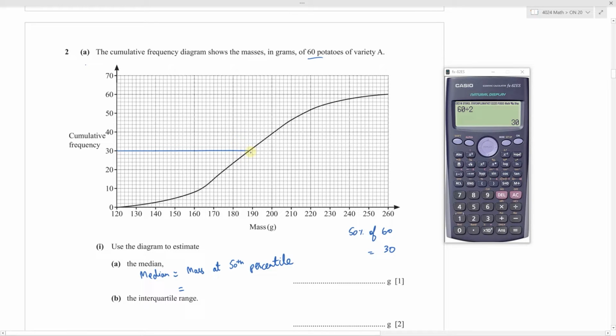And then you have to find the mass on the x-axis. It will be this point here. Each small block here represents a value of 2. So this is 180, 182, 184, 186, 188. So this value here is 188 grams. So your median value here is 188.